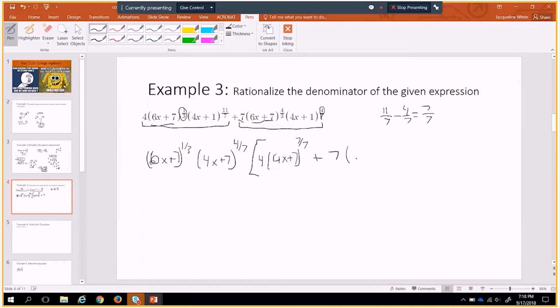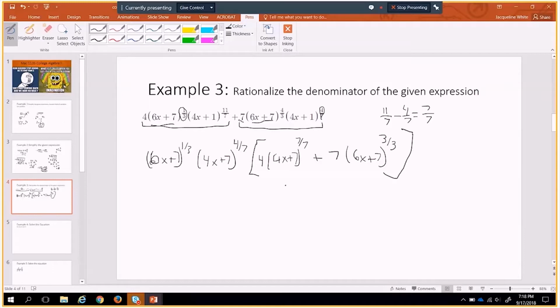So it's going to be 6x plus 7 to the 3 over 3 that is left. All right, so let's move on to the next one. We have a 4x plus 1 to the 4 over 7. We already took out a 4x plus 1 to the 4 over 7 from both of these. So that means all we're left with is just this.